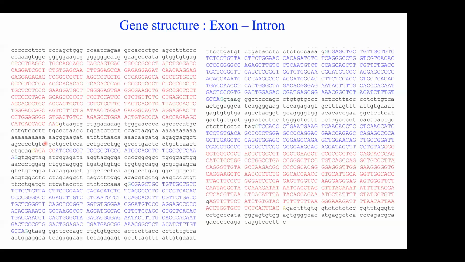Before this coding region, all genes have a ribosome entry site. In both prokaryotes and eukaryotes, they are present. These regions are called Kozak sequences. If your cDNA doesn't have this Kozak sequence, if you are using only the coding region from ATG to the stop codon, the gene may not express in your cell.